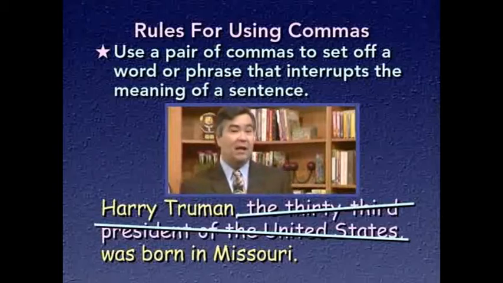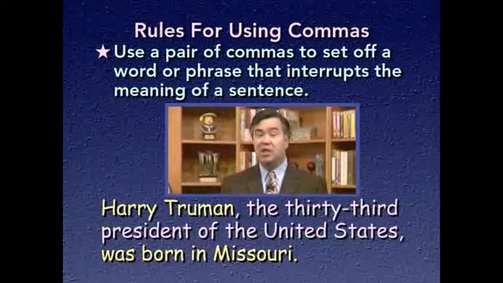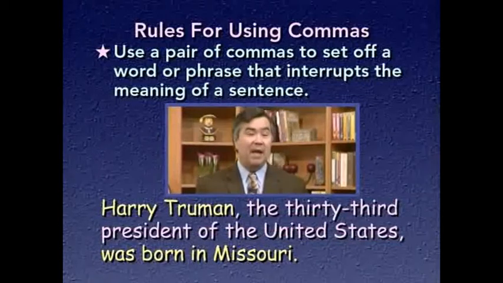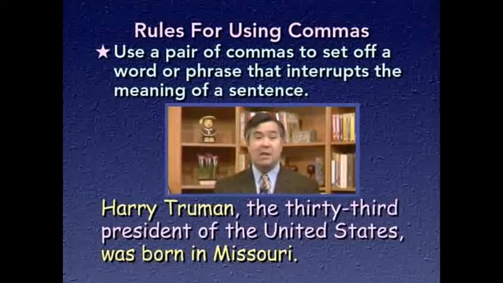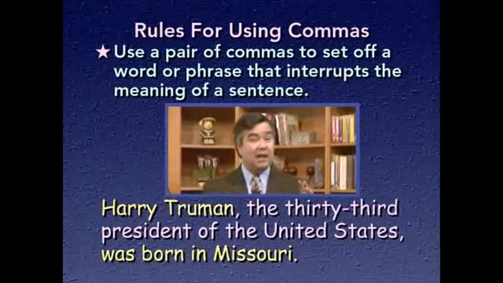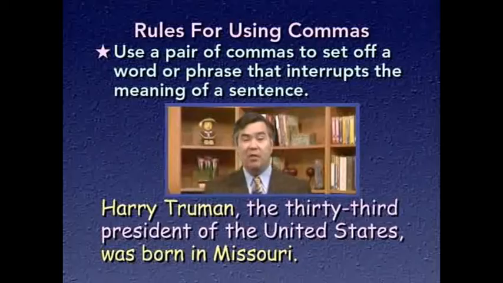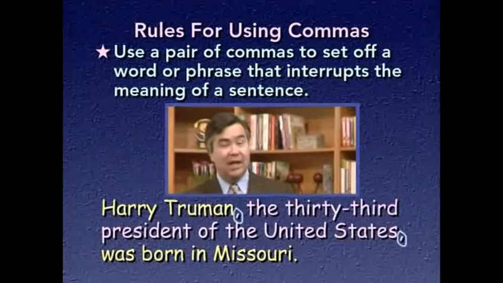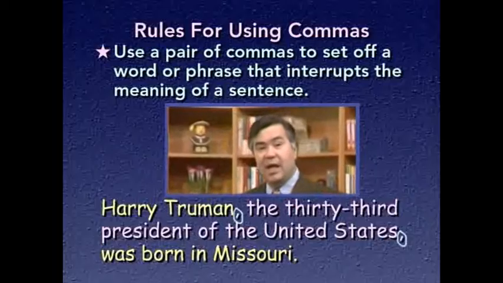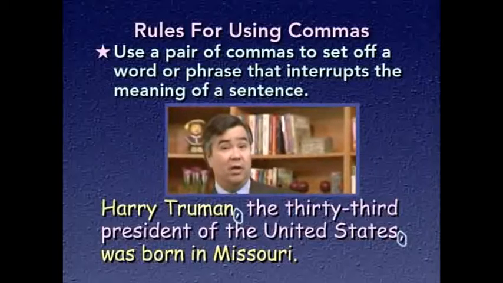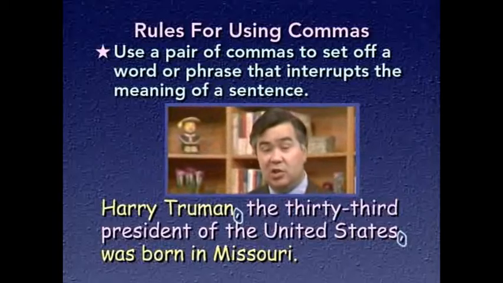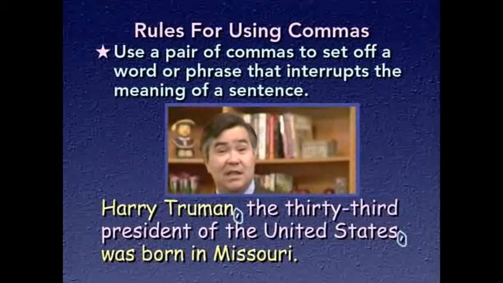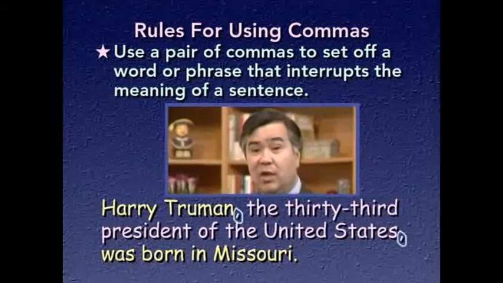Those words that are added in the middle give a little more information and help to define a bit more about who Harry Truman was, but they're not strictly necessary, and they do interrupt the main flow of the sentence. Therefore, it's appropriate to set them off with commas, to have a comma before and a comma after that group of words. And again, notice that inserting the pauses when we read the sentence makes the sentence a little easier to understand.